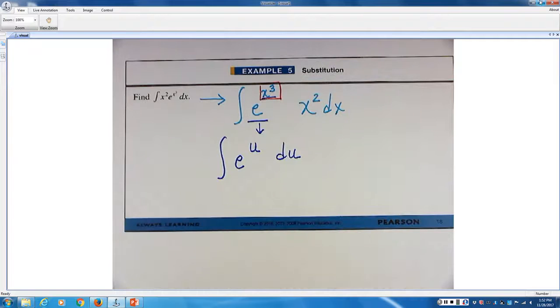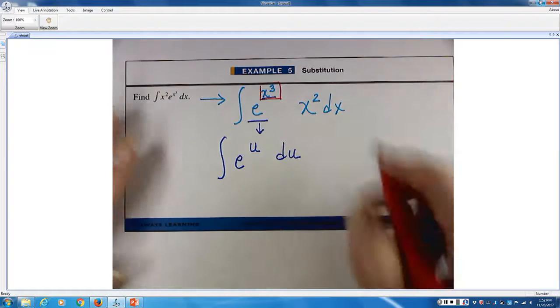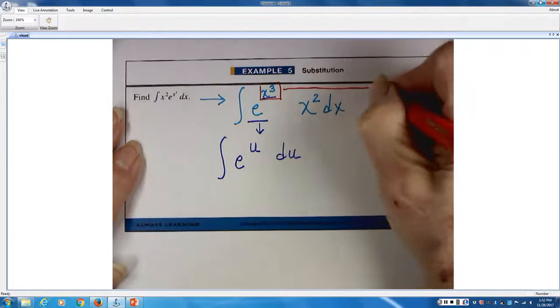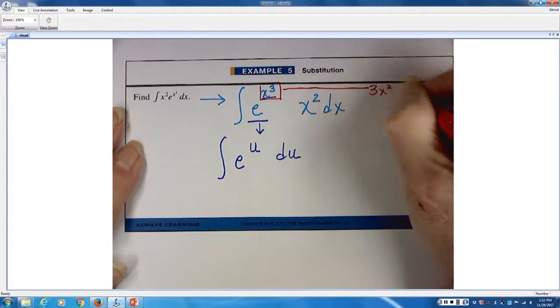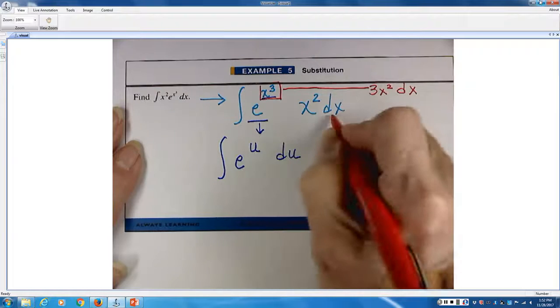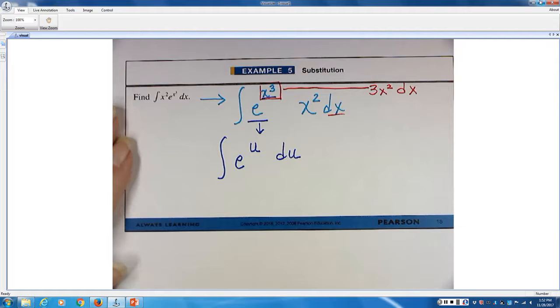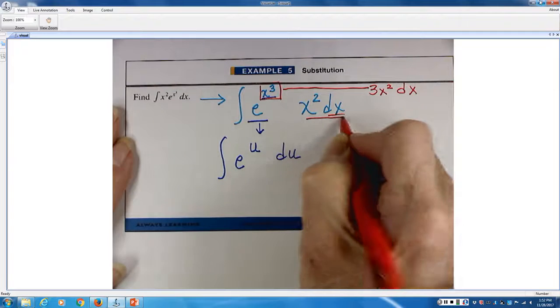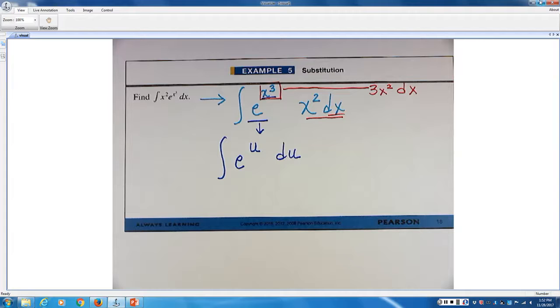And the derivative of x to the third is what? 3x squared. And of course, we're going to always just bring along that dx. And we have x squared dx, but we don't have a 3. And we need to put in that 3.